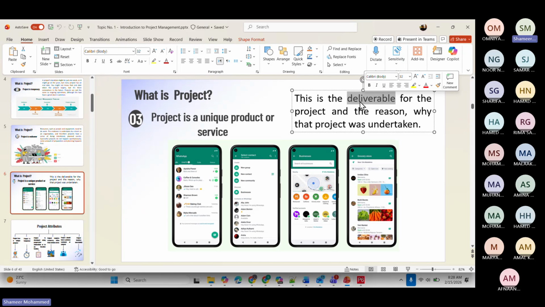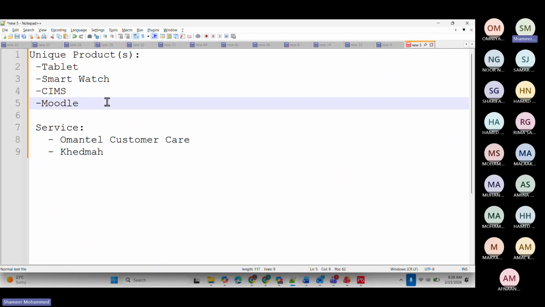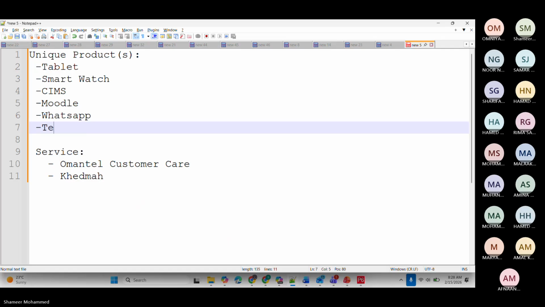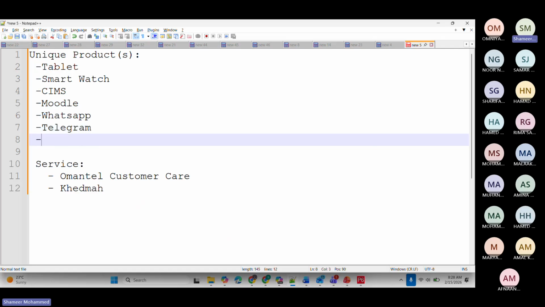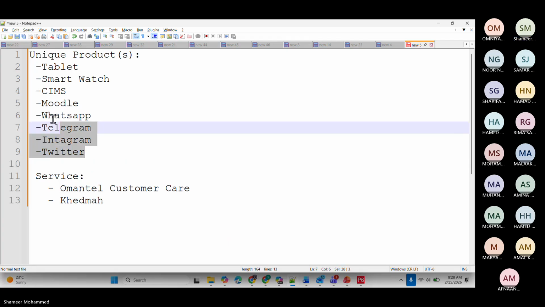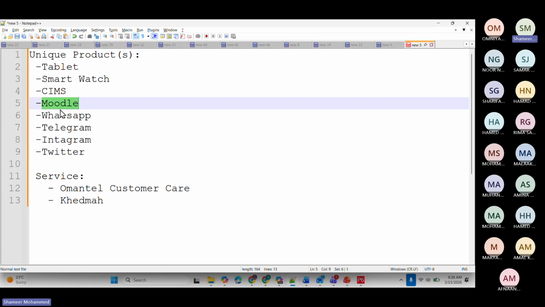Now you understand what we are going to do? We are going to do the project. Through the project, what you are going to produce is a unique product. Maybe you are designing WhatsApp. Okay. WhatsApp is also one application, or Telegram. Okay. Or Instagram or Twitter. These are all unique products, right? Okay. Sims application, Moodle application. These are all for the education purpose.